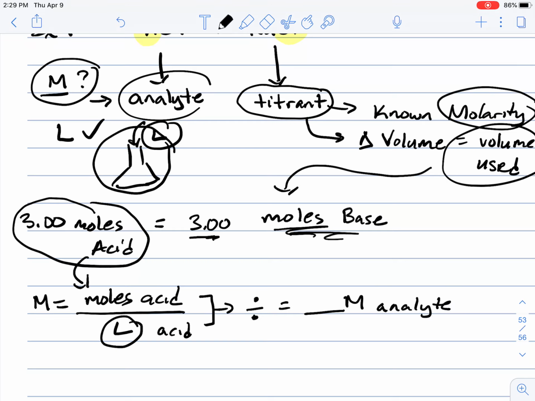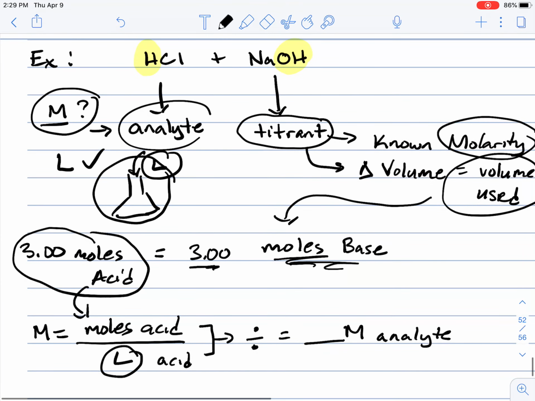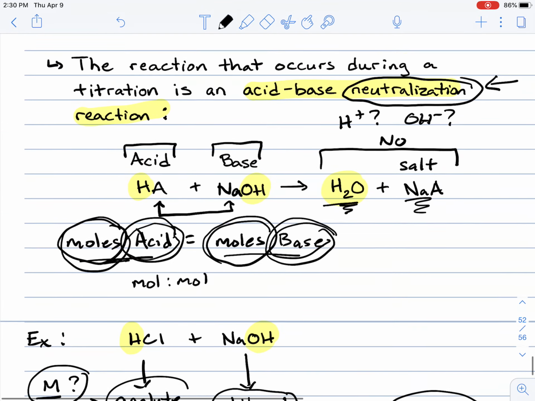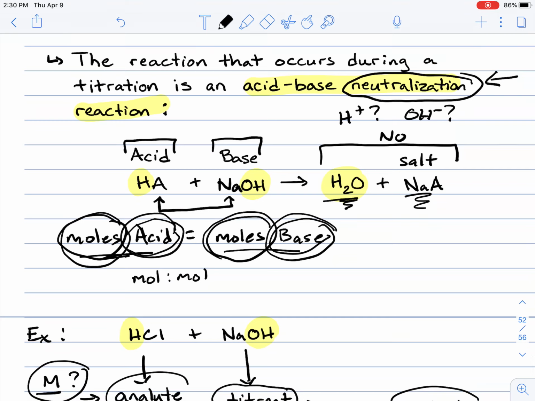Okay. And so the key idea is that these titrations that you have performed in first semester general chemistry are nothing more than an acid-base neutralization reaction.